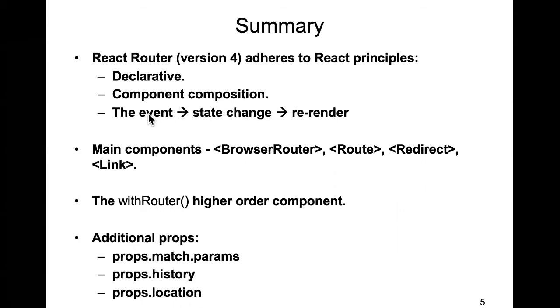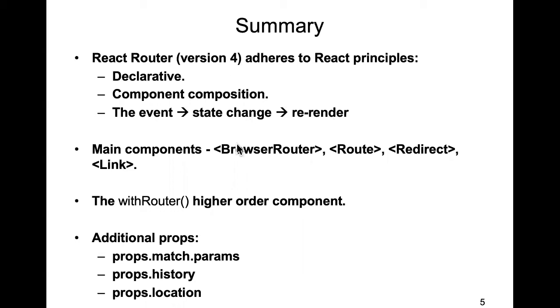That's the event that happens. The browser's URL changes, that triggers state changes within the React Router logic itself, but it also causes re-rendering or mounting and unmounting of stuff to happen. So that whole cycle, which is a React cycle, is honored by the React Router library as well.